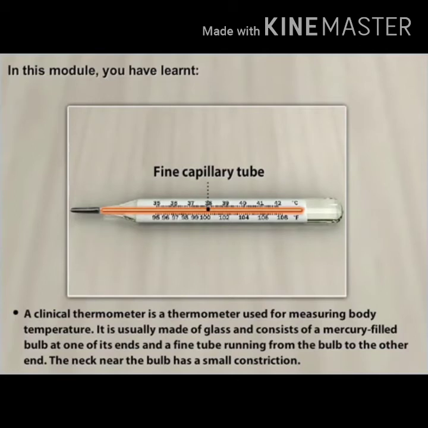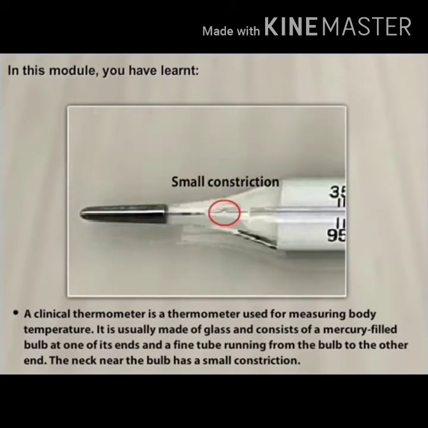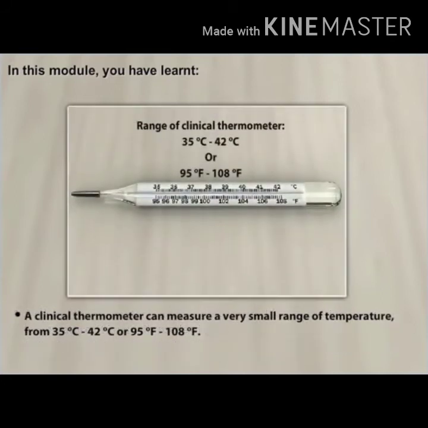The neck near the bulb has a small constriction. A clinical thermometer can measure a very small range of temperature ranging from 35 degrees Celsius to 42 degrees Celsius or 95 degrees Fahrenheit to 108 degrees Fahrenheit.